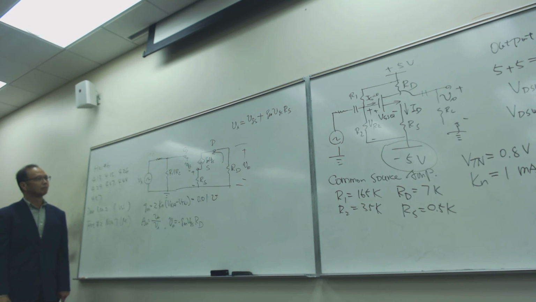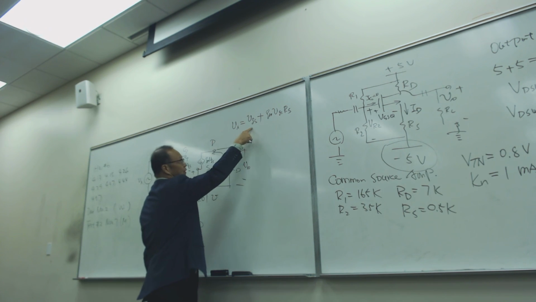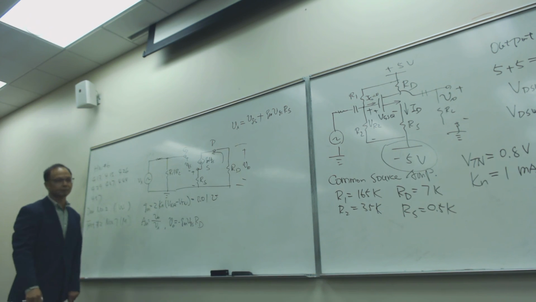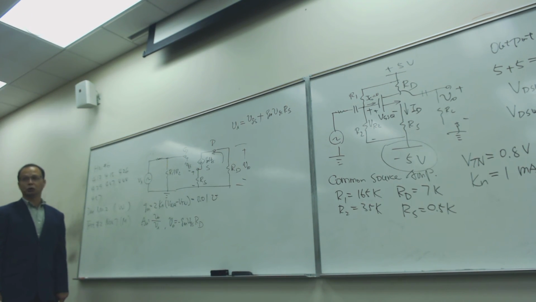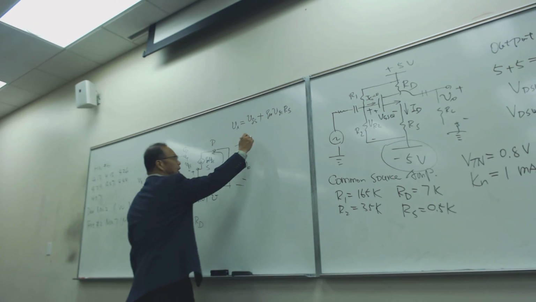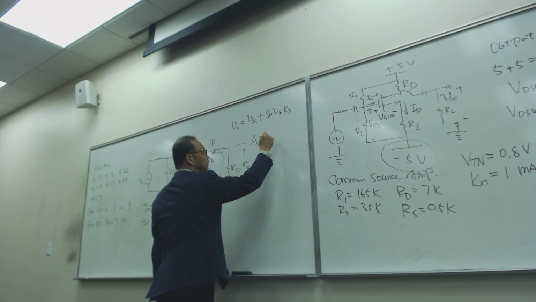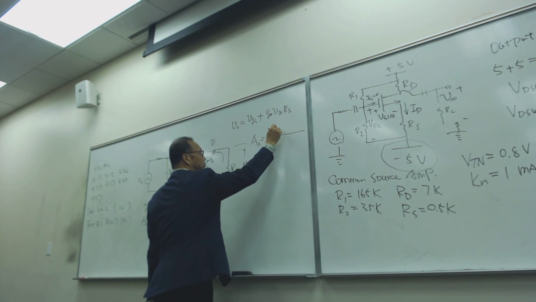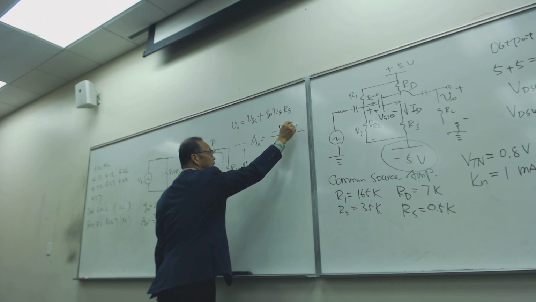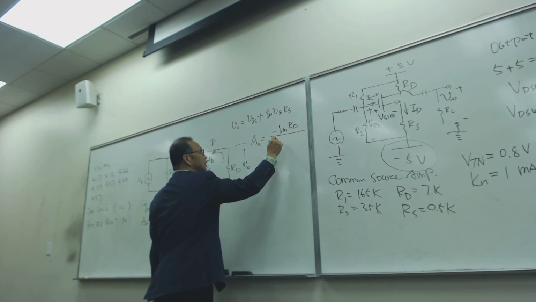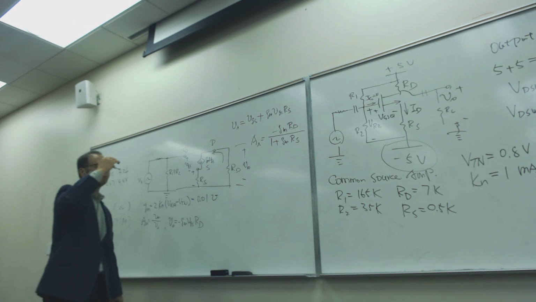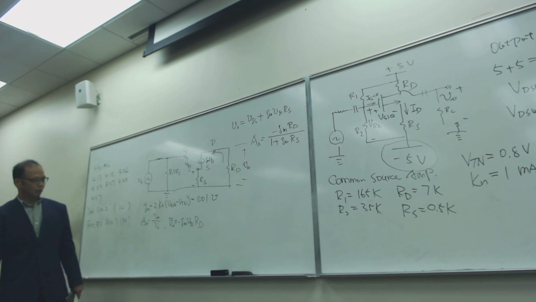Very simple. So now you have the expression of V sub I as a function of V GS. I can assure you that the exam would not be so easy. So now you take the ratio. V sub O on the top, so it's minus G sub m R sub D over 1 plus G sub m R sub S. Correct? That's A sub V.